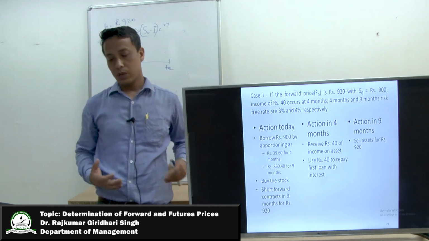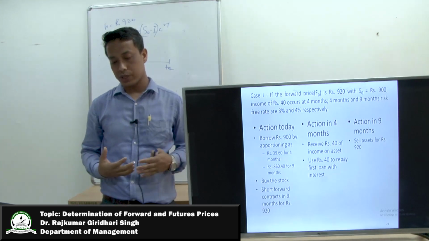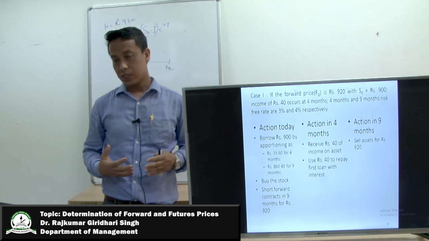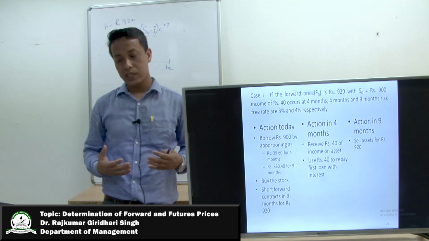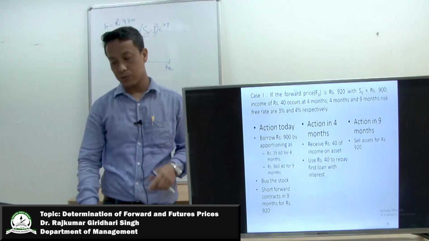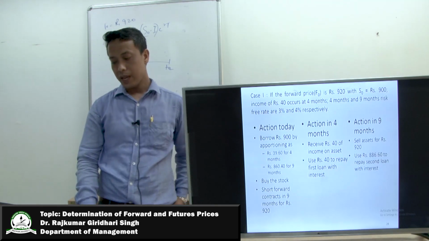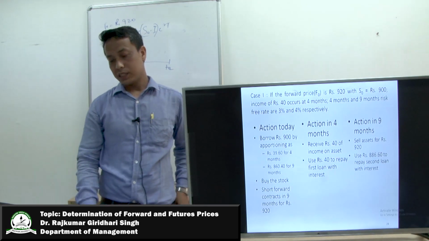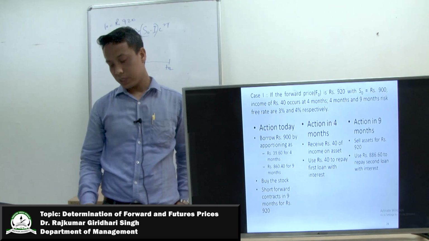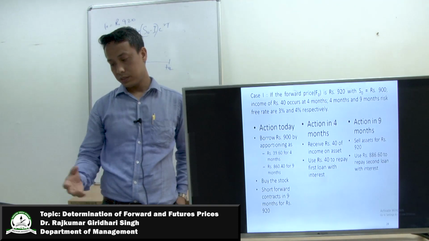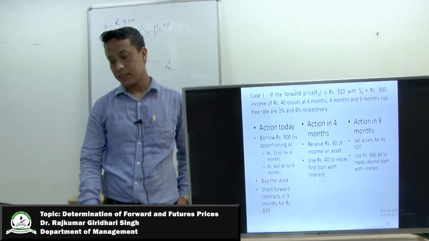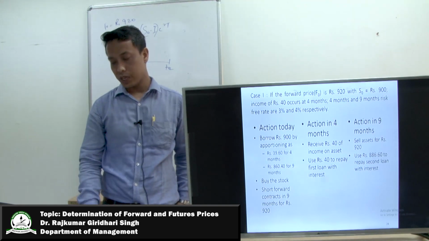Because we already have a short forward contract for 9 months at the rate of rupees 920, so we are able to sell it at this price because of the forward contract that we have done. Now we can use the second part of the amount, that is rupees 886.6, to repay the second loan which we had borrowed for 9 months.